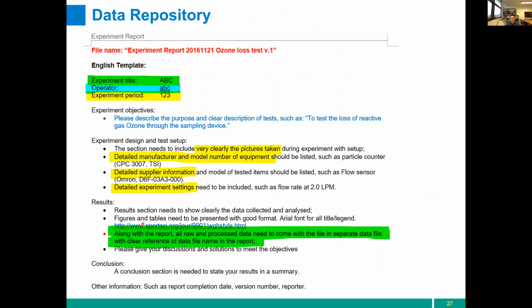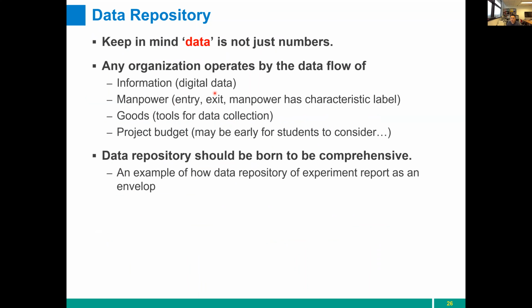So when you do data storage, it is not just the numbers. Your experimental report is not a simple table or figure or graph. Try to include more information for the data, including different flows.